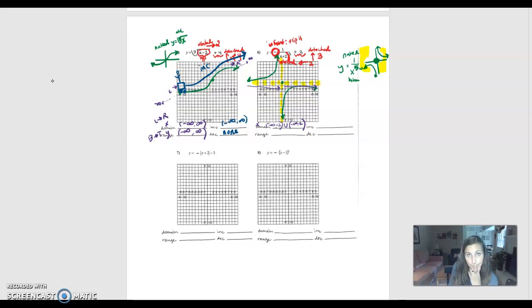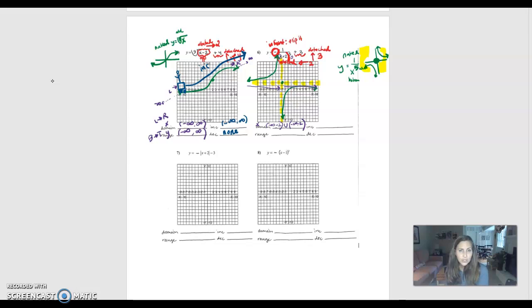You want to know why? Sure you do. Because if you put a -2 right here, -2 plus 2, you would end up getting 0 in the denominator, and we know that that's a no-no. So that's why we have that restriction right there at -2. Okay, the range is very similar.